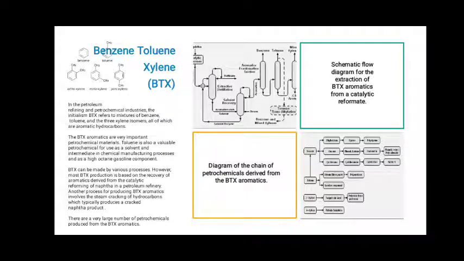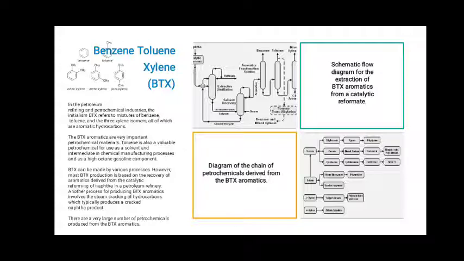BTX can be made by various processes. However, most of BTX production is based on the recovery of aromatic derivatives from the catalytic reforming of naphtha in a petroleum refinery.